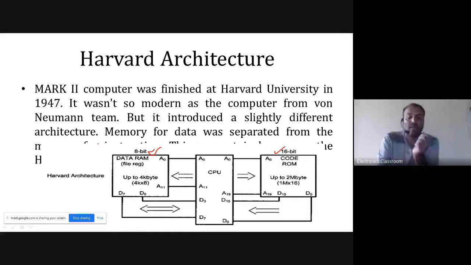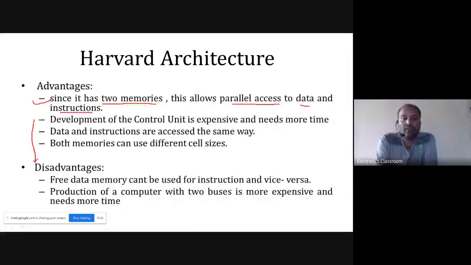So what are the disadvantages of Harvard architecture? First, which we have already skipped, development of control unit is expensive and needs more time. Since we have added more memory in our system, to control this memory operation we need to design a unit that will help us operate simultaneously on both memories.